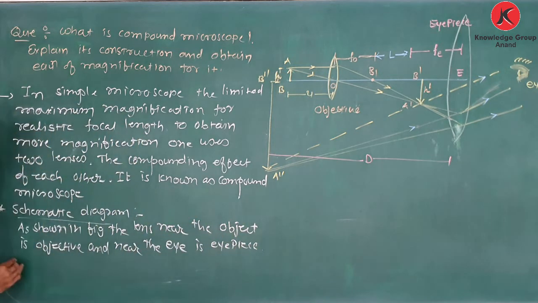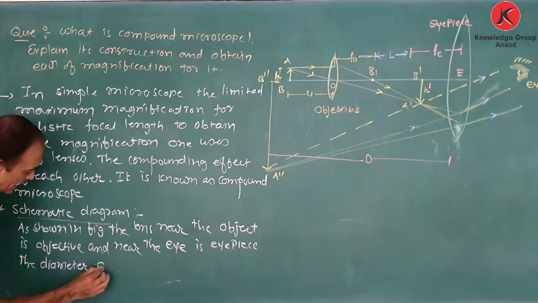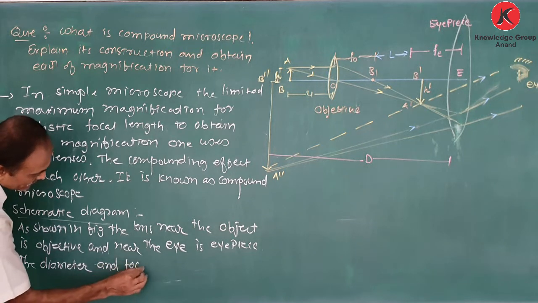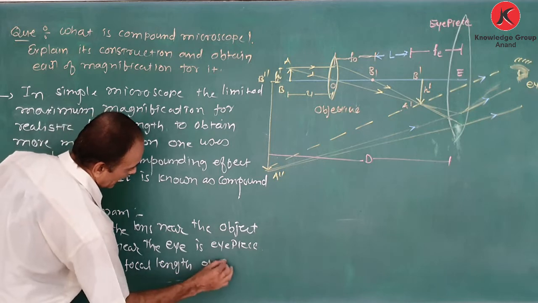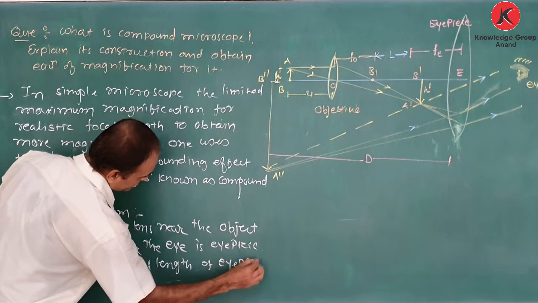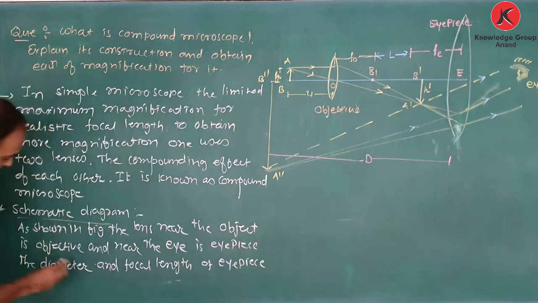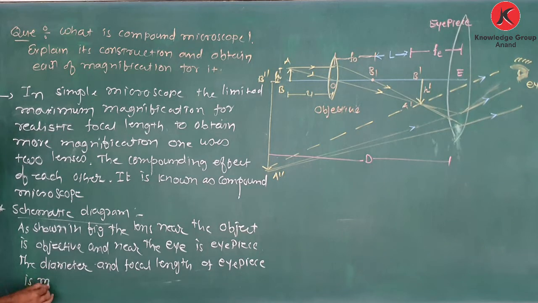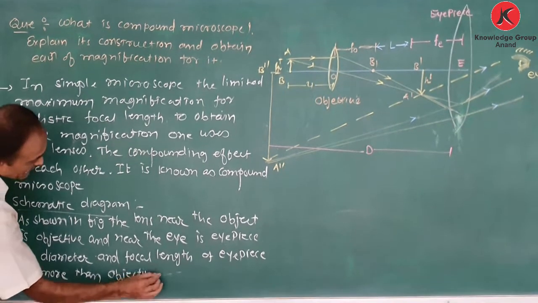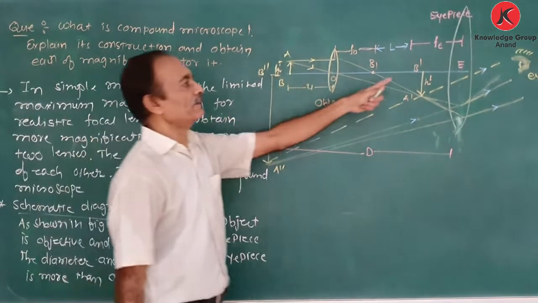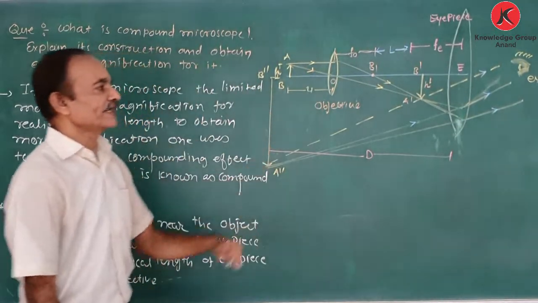The diameter and focal length of the eyepiece is more than that of the objective. That means the focal length and diameter of the eyepiece is much more than the objective.